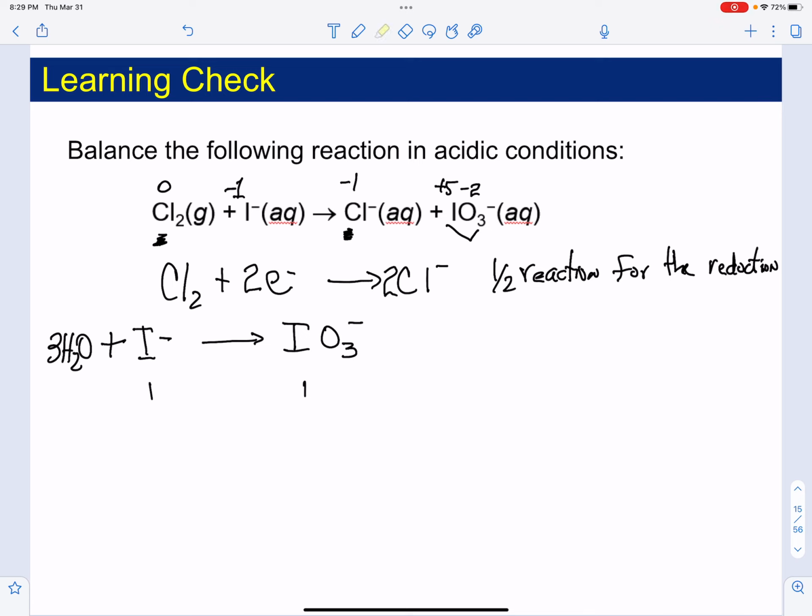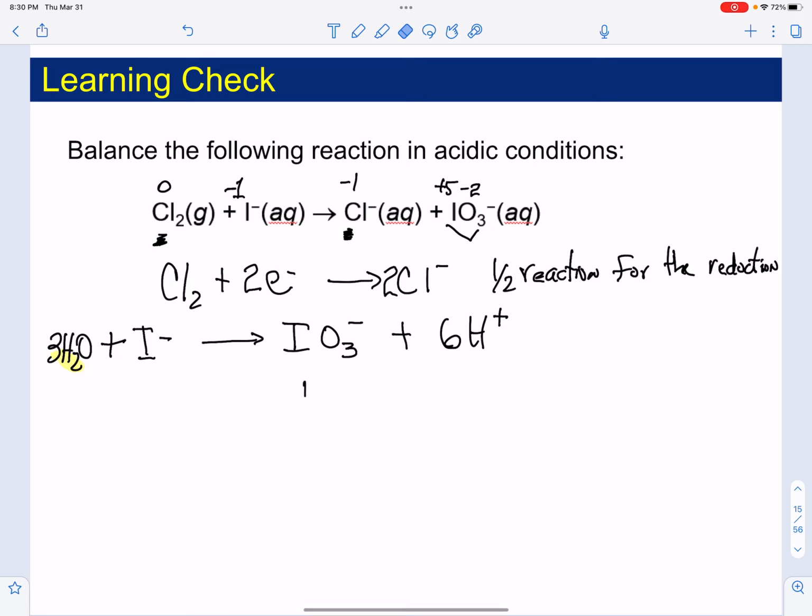However, since we're adding water, we're adding the 3 oxygens, but we also add 6 hydrogens. So we're going to fix that by adding 6 protons on the right side. So we got 6 hydrogens on the left side, 6 hydrogens on the right side, 3 oxygens on the left side, 3 oxygens on the right side, and 1 iodine.